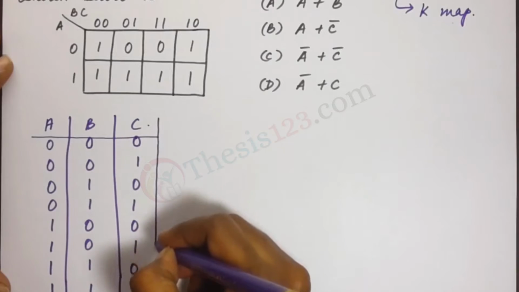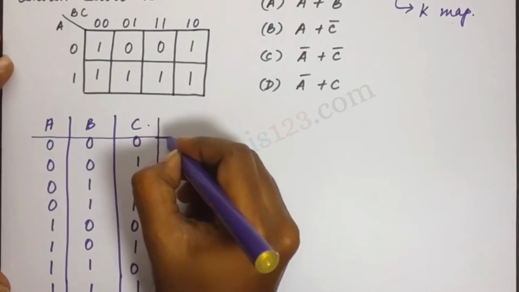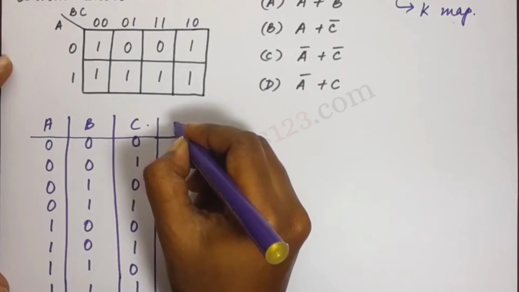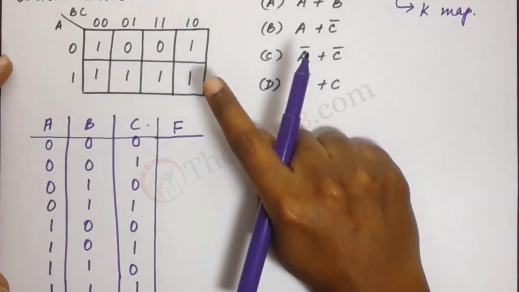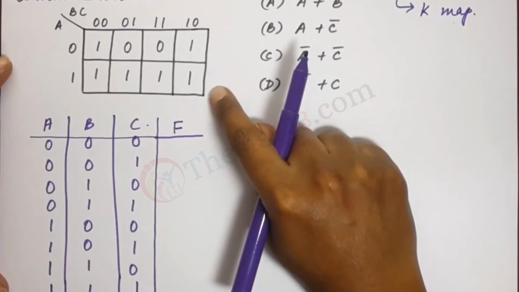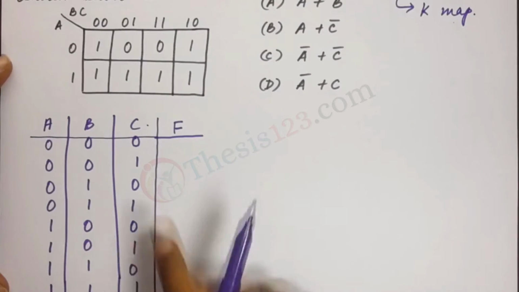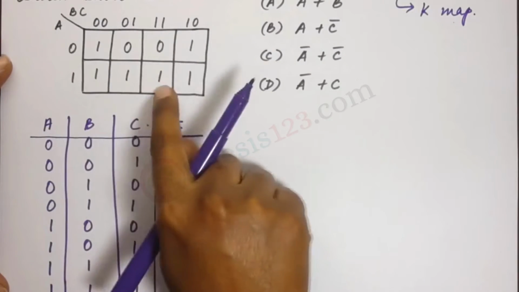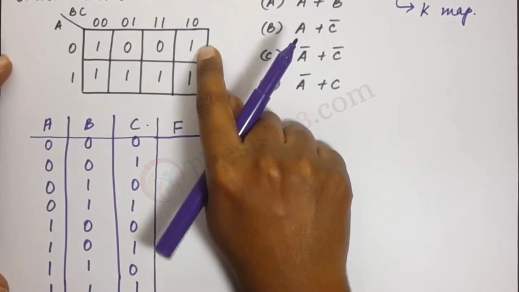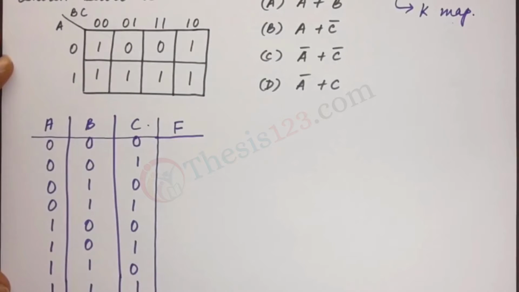Now we require the output F of the kernel map given to us. So we will have to consider only the part where the ones are given in this map. Let me draw that out for you as well.